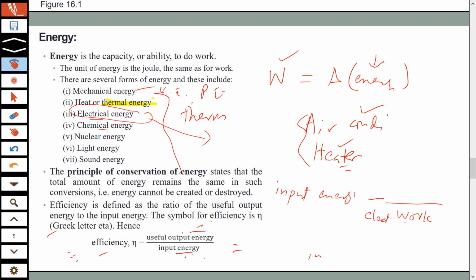Is that useful work or not? एयर कंडीशनर की जो आउटपुट एनर्जी होती है वो थर्मल एनर्जी होती है, या energy taken out of the room or energy taken into the room, but in both cases it's thermal energy.